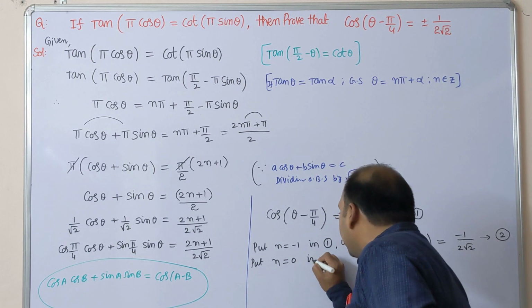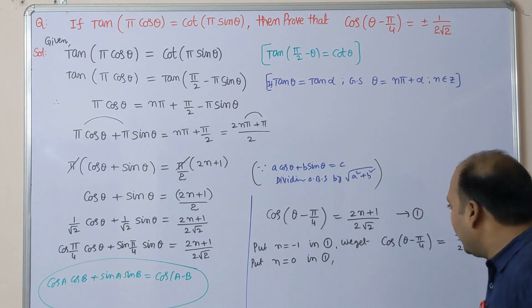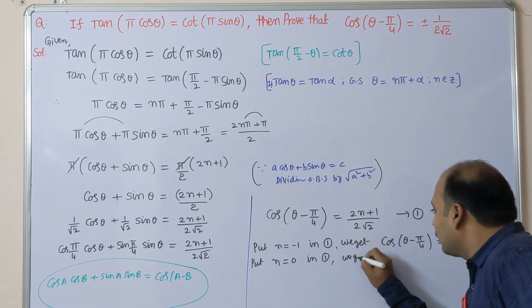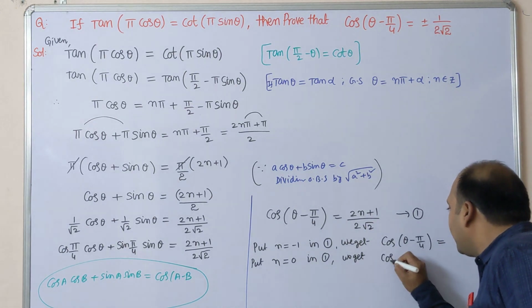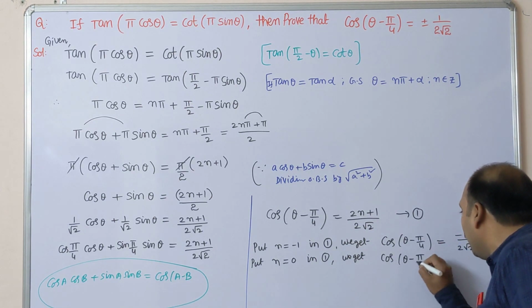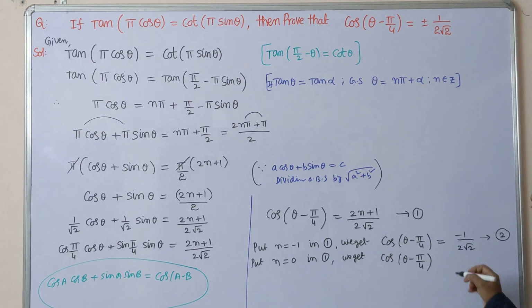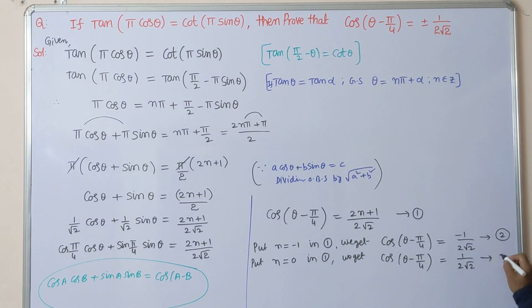Put n is equal to 0. These are the special cases, dear students. We get cos of theta minus pi by 4 is equal to 1 by 2 root 2. Equation number 3.